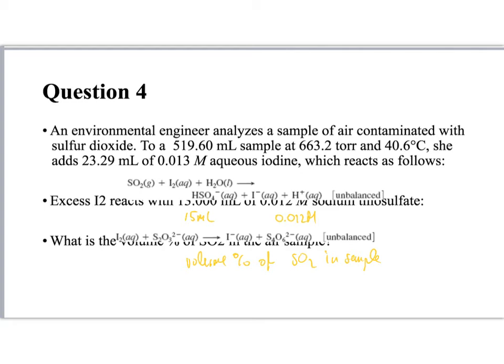So keeping that in mind, let's see how we can solve this problem where we take a contaminated air sample. That means we're going to have some air with some other stuff in there, in this case sulfur dioxide, and we want to know how much sulfur dioxide is in there, and is it a toxic level, basically. In order to do so, we're going to calculate the volume percent.